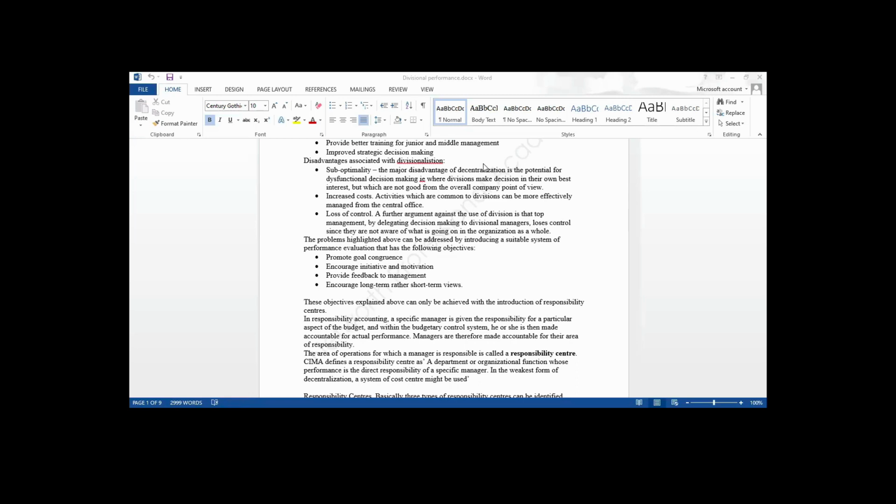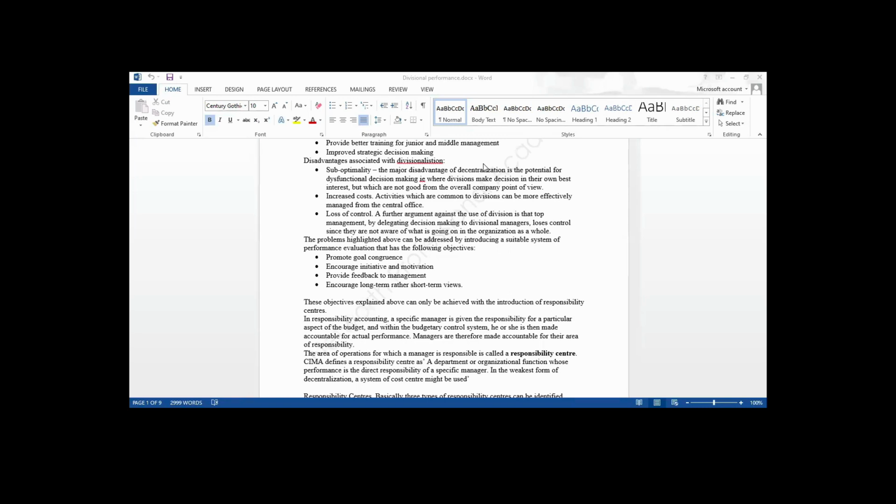Imagine yourself as the chief accountant and you have to suggest performance evaluation for your company. You must ask yourself, any performance evaluation I'm suggesting to the management must promote goal congruence. It must not discourage motivation. It must encourage initiative. You must allow individuals to think and bring suggestions. Let them take decisions.